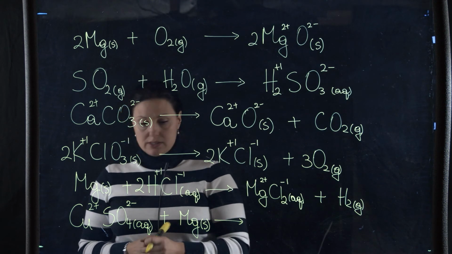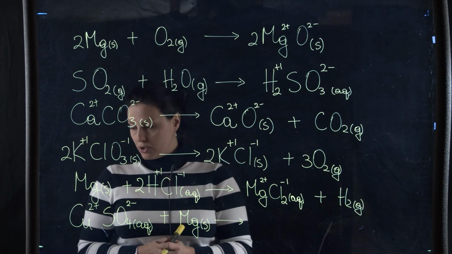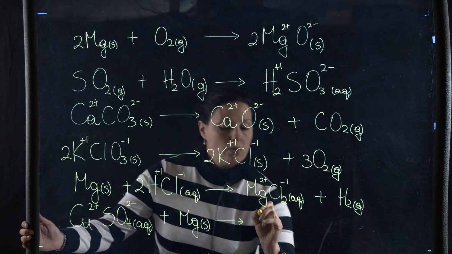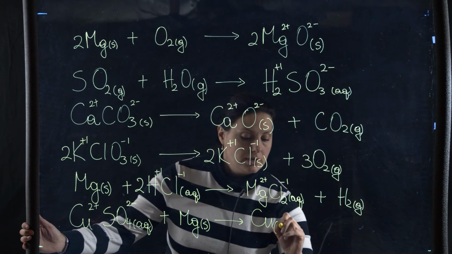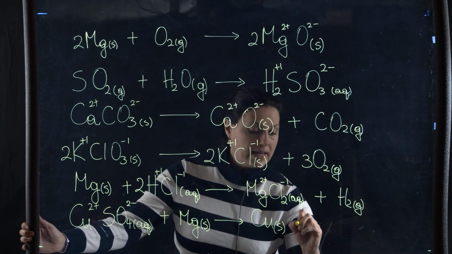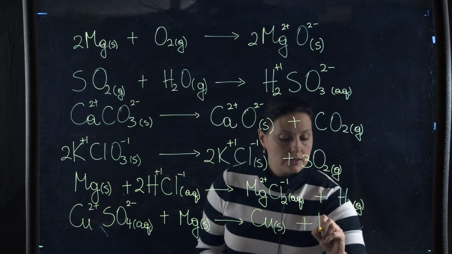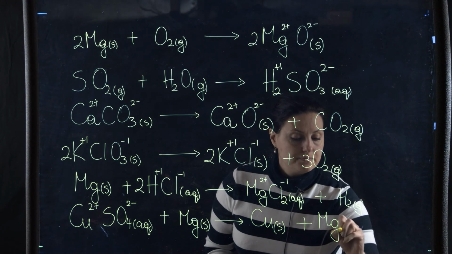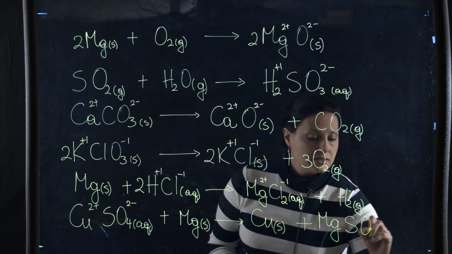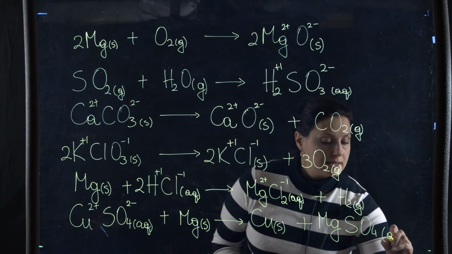And these two react and produce copper metal. Once again, copper metal, solid form by itself, and aqueous magnesium sulfate. Magnesium sulfate, SO4, and it's aqueous.